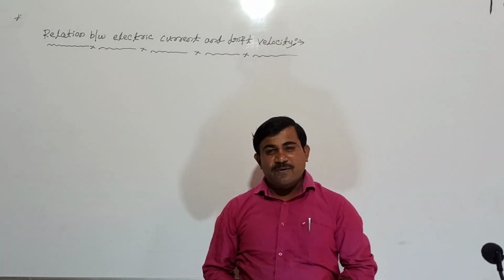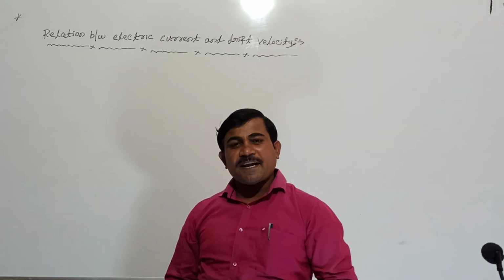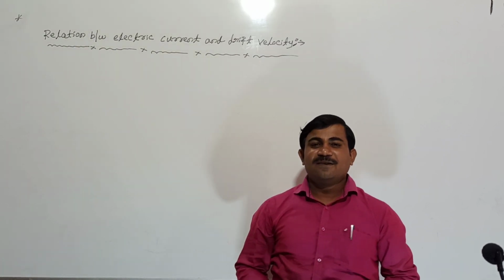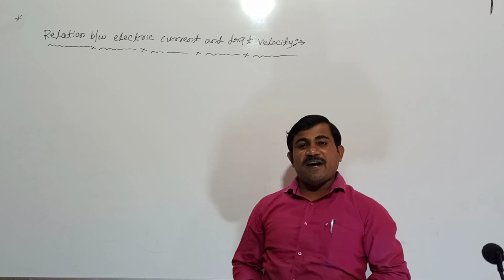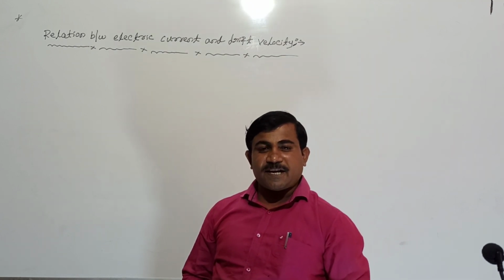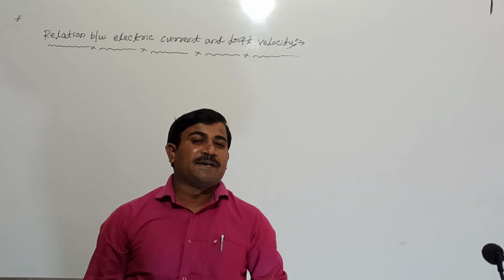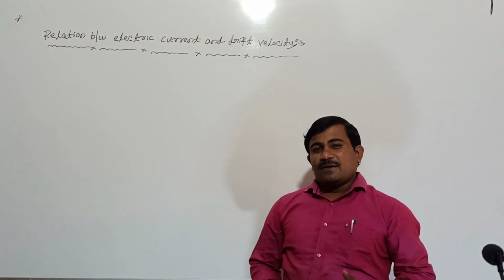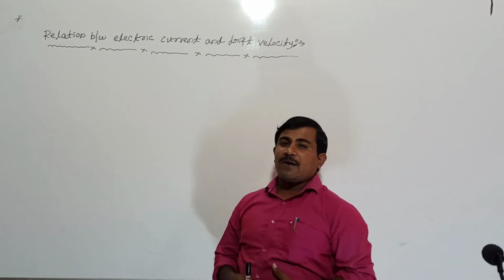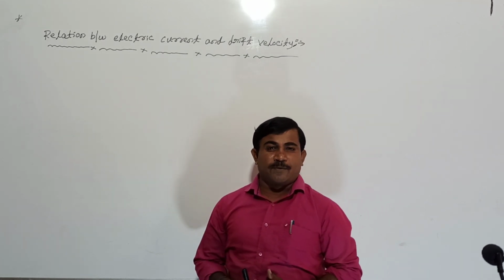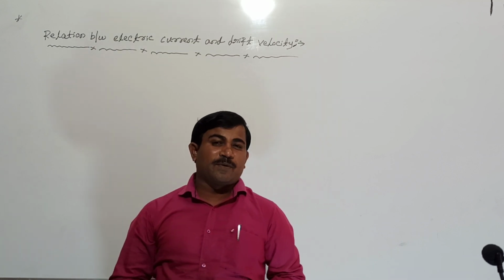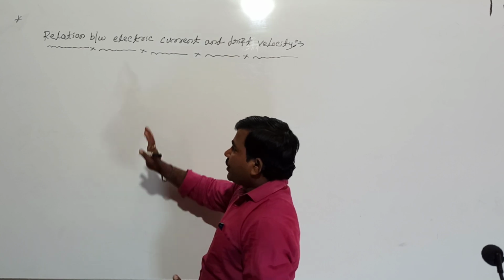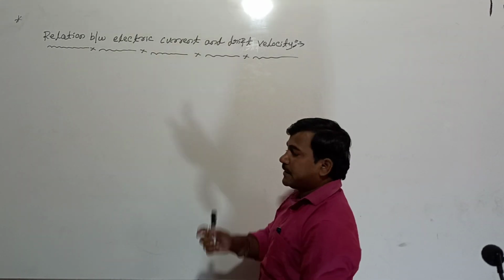Students, as we have learned, electric current is the rate of flow of charge and the drift velocity is the average velocity with which electrons drift in a metallic conductor under an applied electric field. In the previous video, we learnt about the expression for the drift velocity, or the relation between drift velocity and relaxation time. Now let us see what is the relation between electric current and drift velocity.